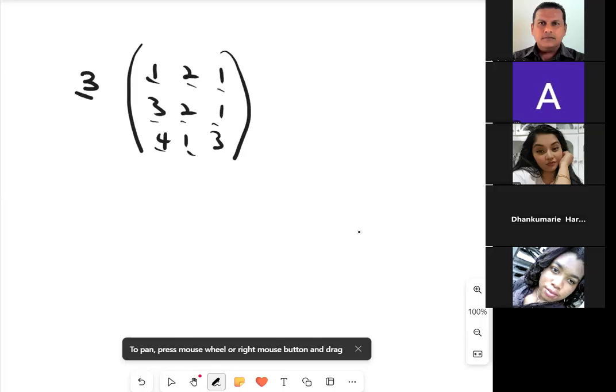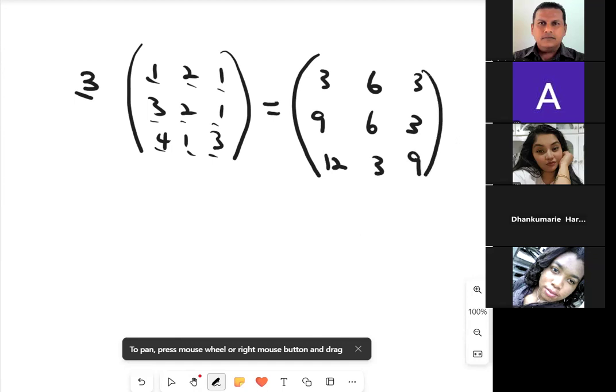And you get 3 by 1 is 3, 3 by 2 is 6, 3 by 1 is another 3, 3 by 3 is 9, 3 by 2 is 6, 3 by 4 there is 12. See if you follow this. You multiply the number in front by everything in the bracket.